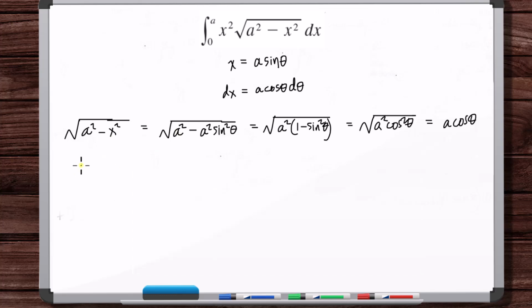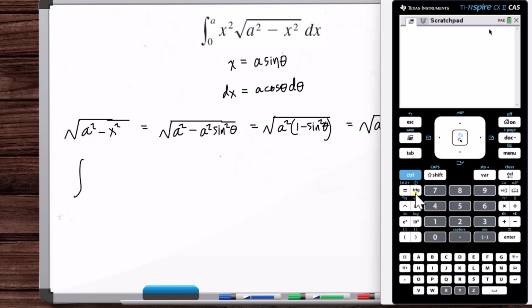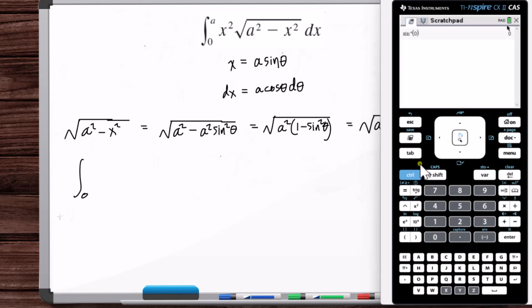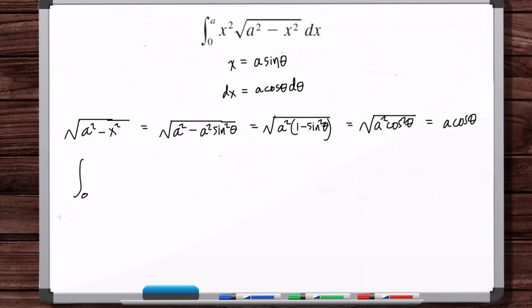Okay, so we're going to update the limits of integration. So we say when x is equal to 0, what is theta equal to? So inverse sine 0. When x is equal to 0, theta is equal to 0. When x is equal to a, we have sine theta is equal to 1. So pi over 2.